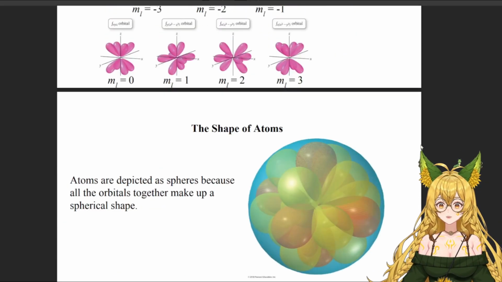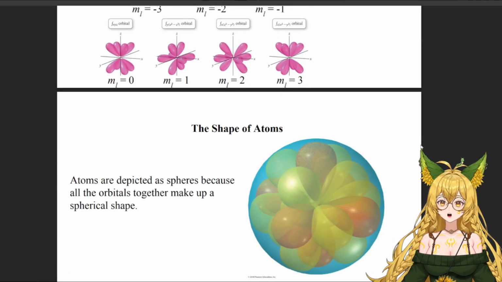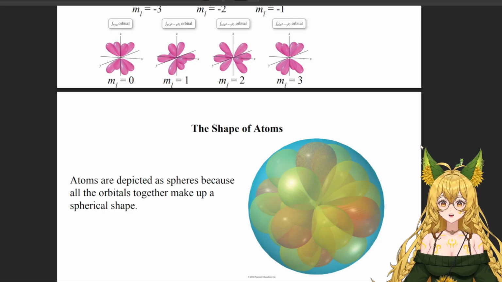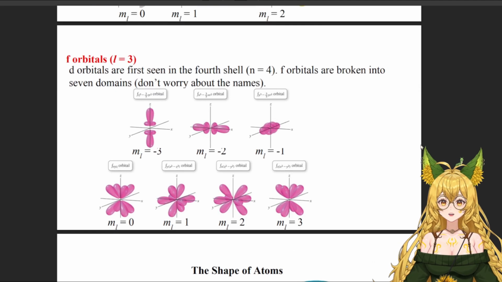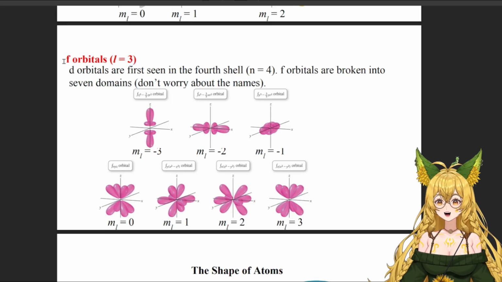So I recommend going back through and looking at vocab words, things you don't understand, or other equations that we looked at, and definitely practicing with all these orbitals. That way, if you see L equals 3, you're automatically like, I got it, that is an f orbital.